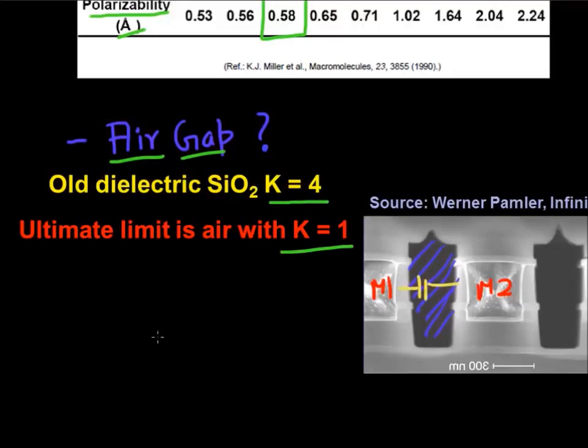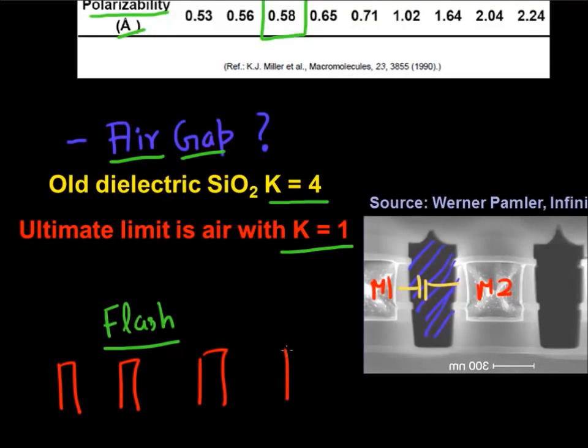This is also used regularly in the industry, especially in chips involving memory such as flash. It has a very regular pattern of lines, interconnect lines, bit lines and word lines. And air gaps are used routinely to reduce the capacitance between these metal lines, and also to reduce the capacitance between neighboring cells in a flash memory.